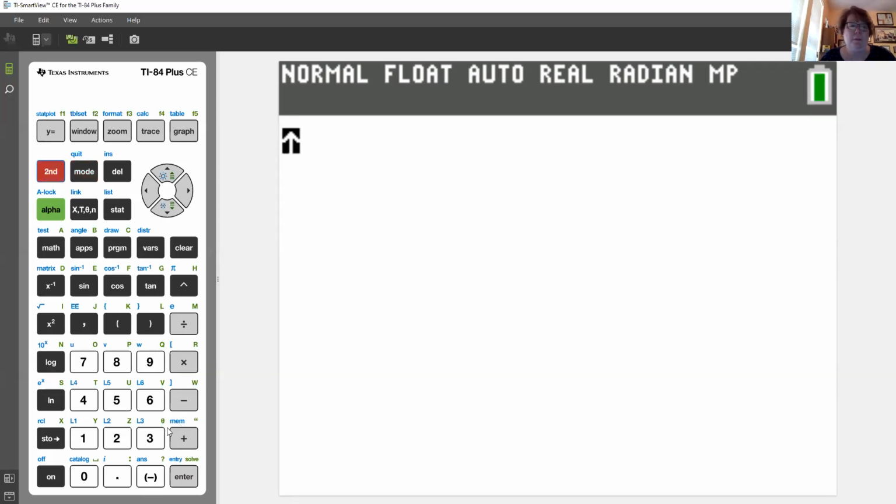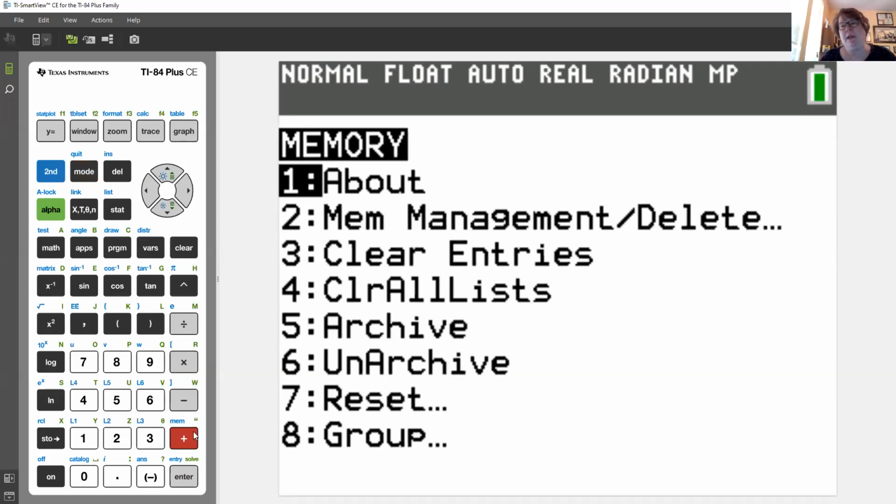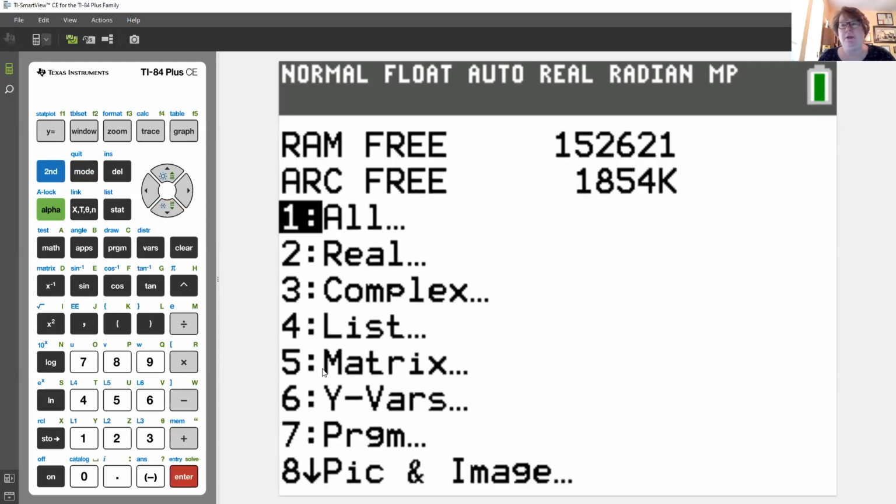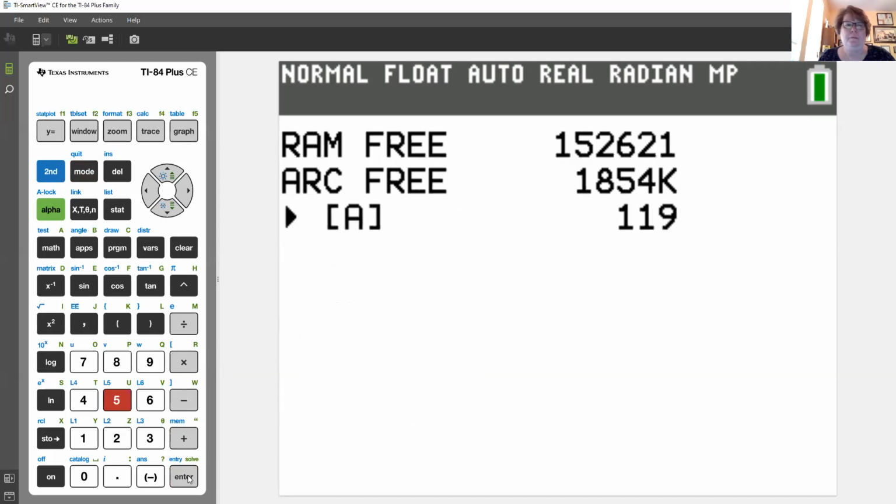So if I do second plus sign, that'll take me to my memory maintenance. And I can go down to number 2, memory management delete, hit enter. And number 5 is matrix. And from here, I can delete my matrices. So here's a matrix that I inputted prior to this example, and I just can hit the delete key, and that deletes that matrix from my list.